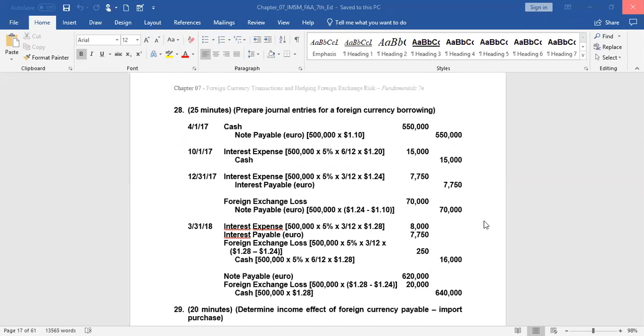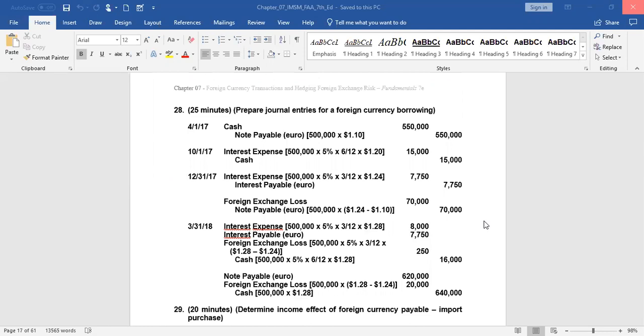So in terms of the dollar, cash would be debited for 550,000 because 500,000 euros would be converted. 1 euro is converted at $1.10. That's what you would receive for 1 euro. So 500,000 euros times 1.10 is 550,000. Debit cash, credit notes payable. Now remember, we're doing this because our financial statements are created in terms of US dollars.